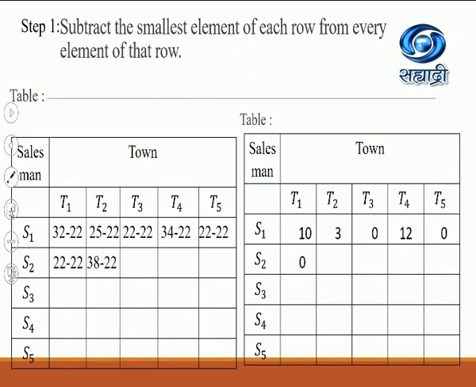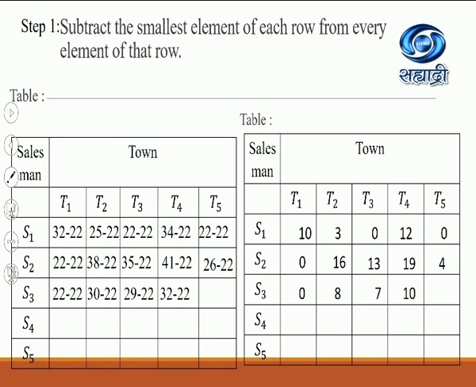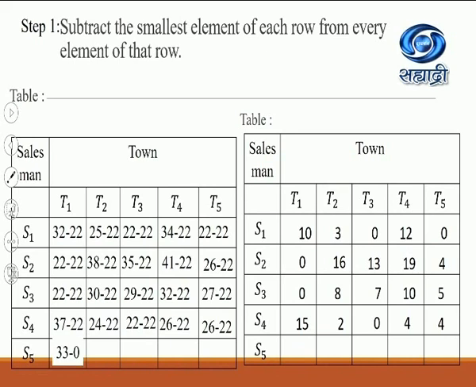Subtracting 22 from the second row also, we get 0, 16, 13, 19 and 4. Subtracting 22 from the third row, we get 0, 8, 7, 10 and 5. Subtracting 22 from the fourth row, we get 15, 2, 0, 4 and 4. In the last row, 0 is the minimum number, so the last row will remain as it is: 33, 0, 21, 28 and 23.